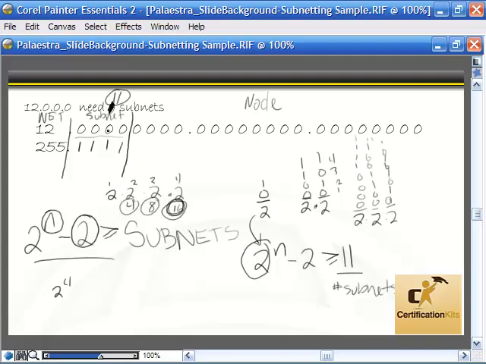However, you technically can use all zeros and all ones. But Cisco, for the CCNA test, does not like us to use all zeros and all ones. So it's 2 to the 4 minus 2. We're not going to use the zero subnet, as it's called, or all ones. That gives us 14 valid subnets altogether, which is bigger than 11.